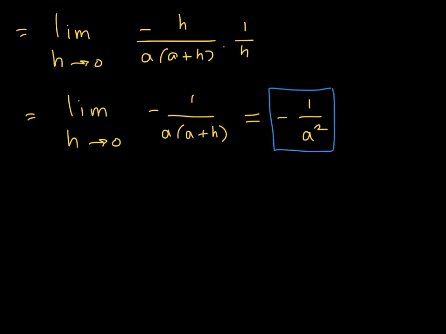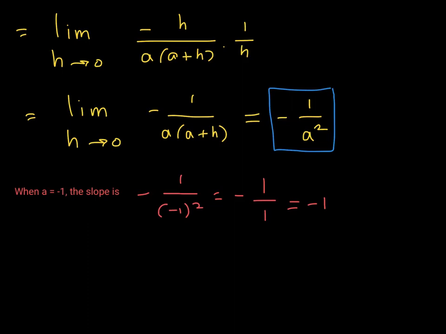So then when a equals negative 1, the slope is negative 1 over negative 1 squared. Watch your signs. So this is negative 1 over 1. So then it is negative 1. The slope at the point x equal to negative 1 is negative 1.